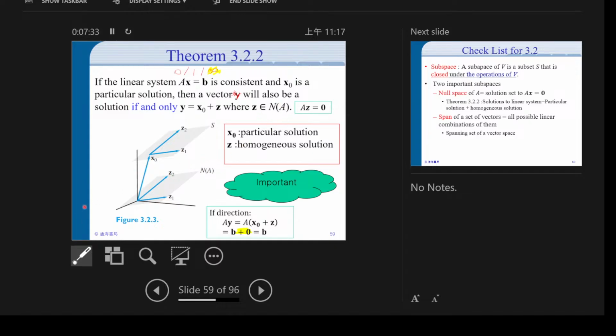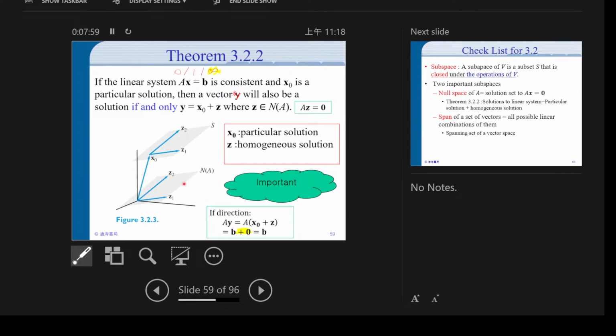Okay, so this null space of A is a subspace of your R^n vectors. But for Ax equal to b, the solution set is not a subspace because it can look like something like this. So here we have an example where x is three-dimensional, so we can draw everything in three-dimensional space, and also we have an example where the null space of A is two-dimensional.